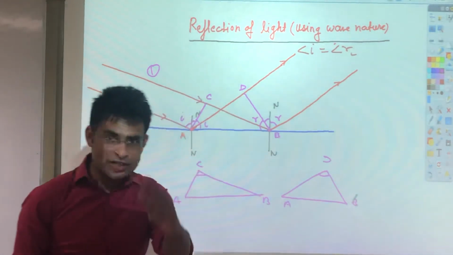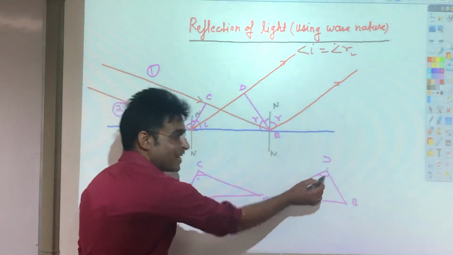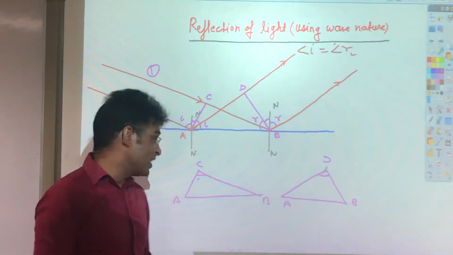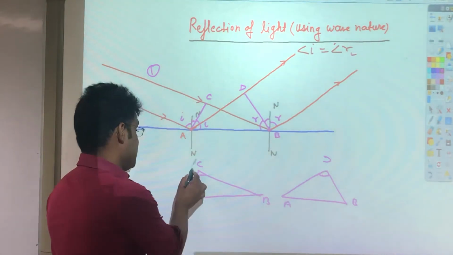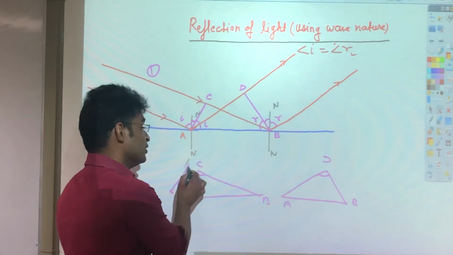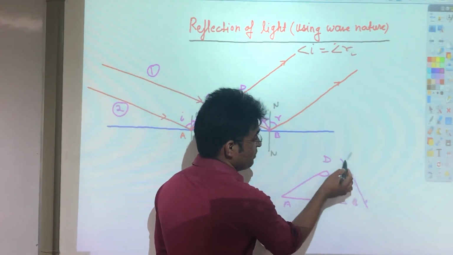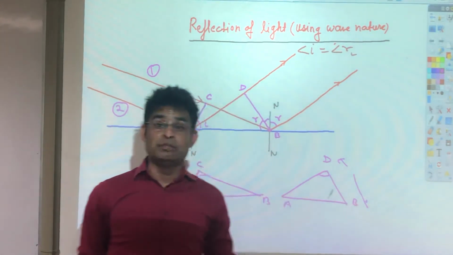If we see these two triangles, this angle is 90, this angle is 90, right? This AB is common in both triangles, and third, this line AC should be equal to BD. That's where we are using wave optics. AC should be equal to BD.